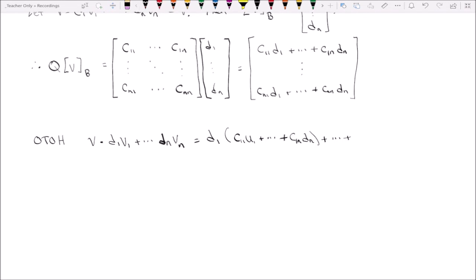I'm sorry, that should not be a dn there, that should be a un, so c1n un, right, plus so on and so forth plus dn times cn1 u1, so on and so forth, cnn un. And again, that should not be a d1, that should be a u1.